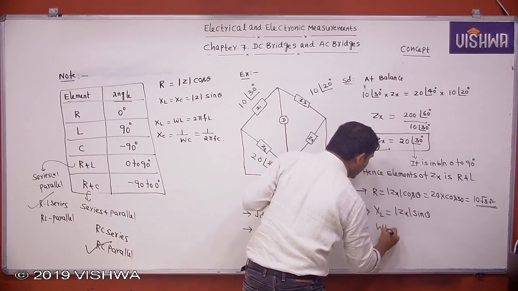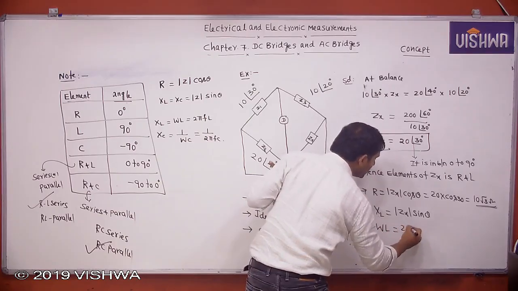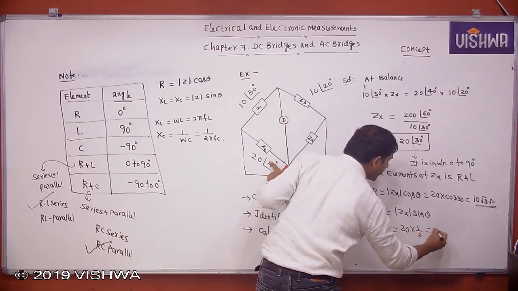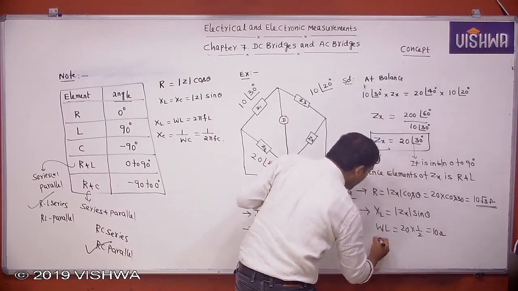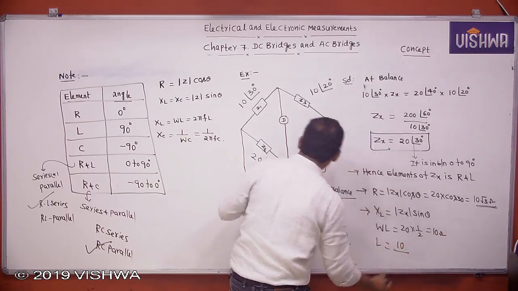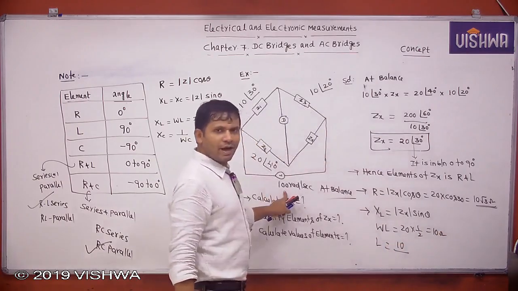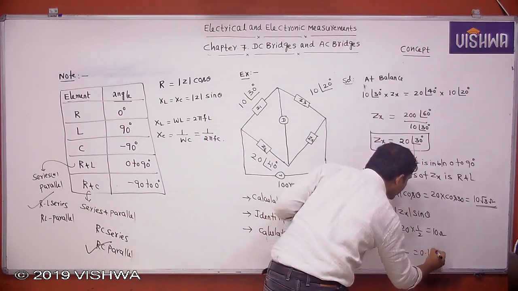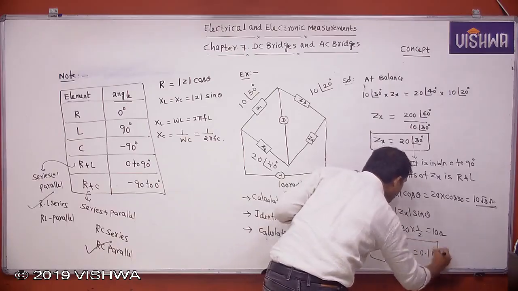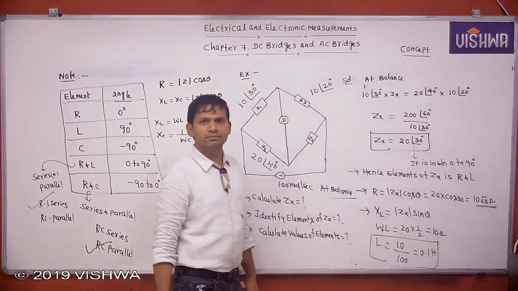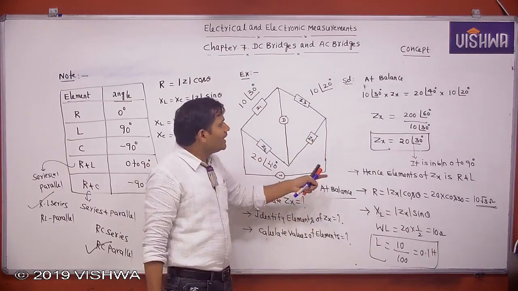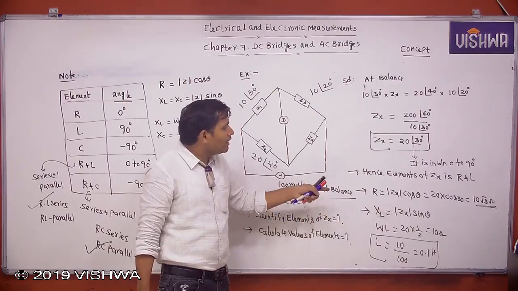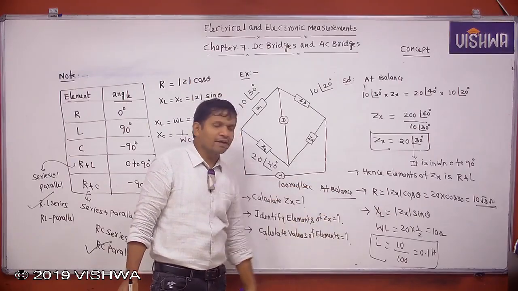XL is nothing but omega L. Modulus of ZX sin 30, 1 by 2, 10 ohms. But I want L, 10 by, how much? Omega is given 100 radians per second. 10 by 100, how much do we get? 0.1 Henry. Like this we identify. Clear? Like this we can identify the elements and we calculate the impedance and we calculate the inductance.